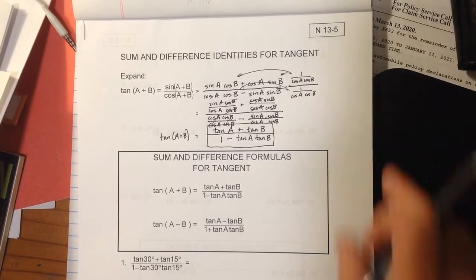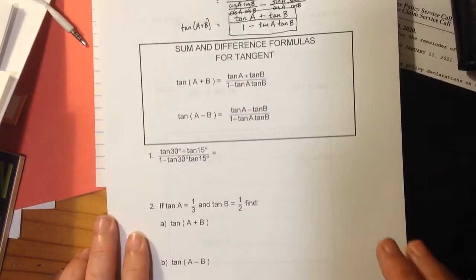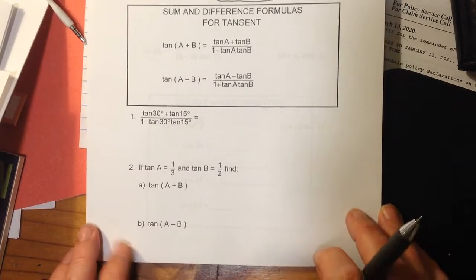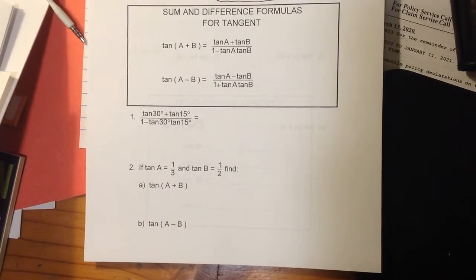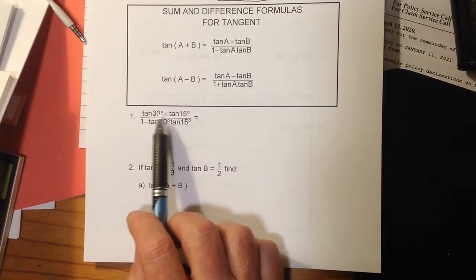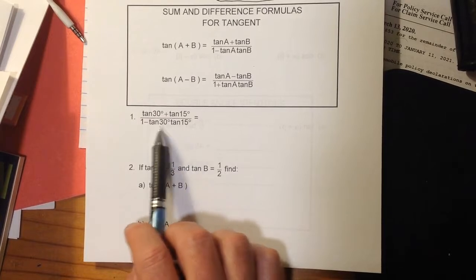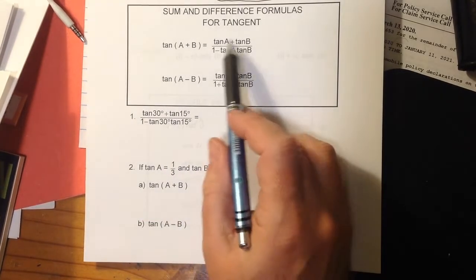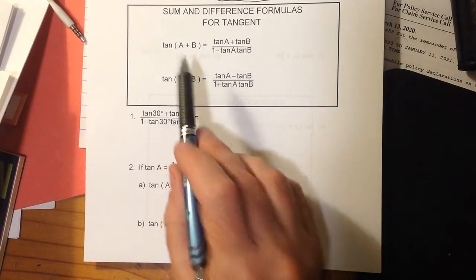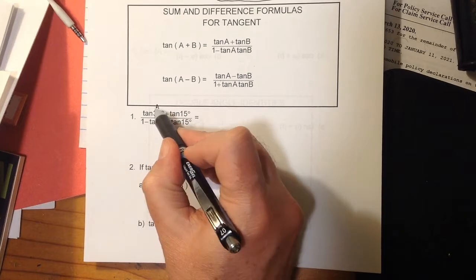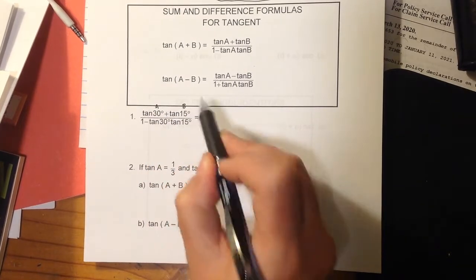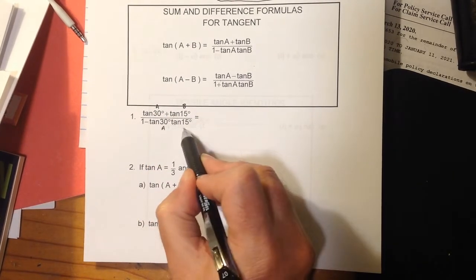So let me pull this up a little bit. I've got tangent 30 plus tangent 15 over 1 minus tangent 30 tangent 15. This fits the formula for tangent a plus b, where a is 30 degrees, b is 15 degrees.